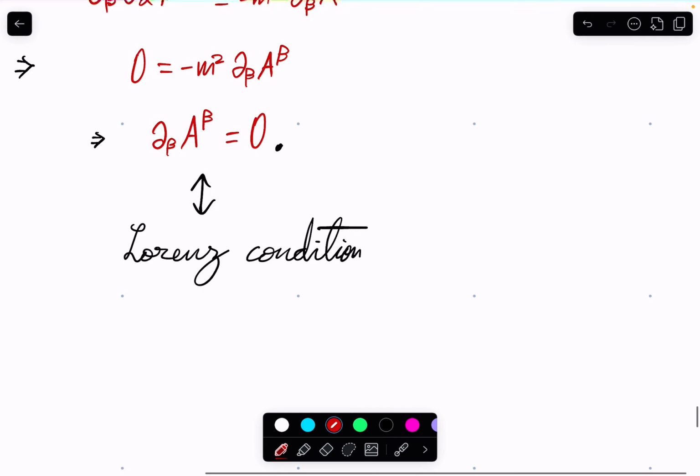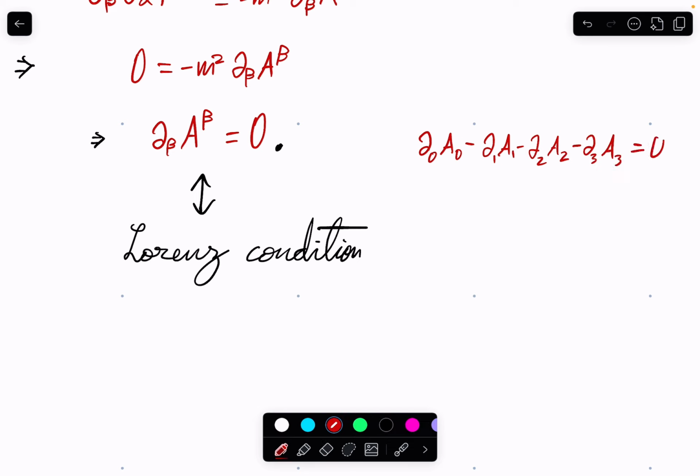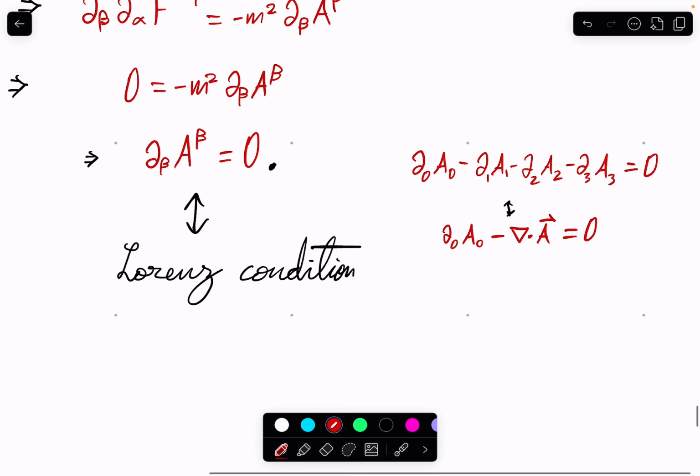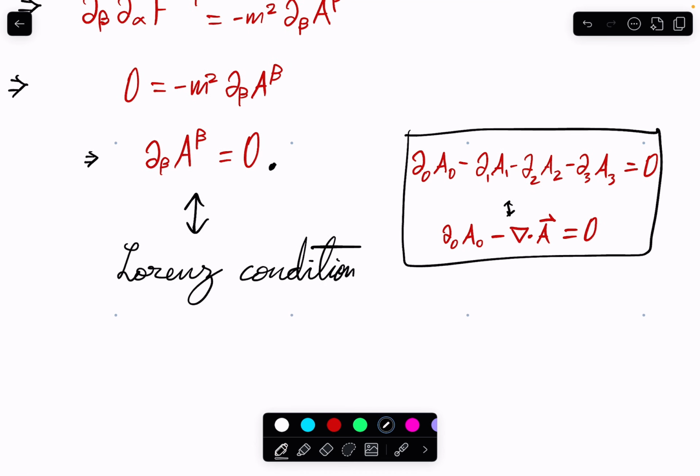And the Lorenz condition basically is just a statement that the time-like component minus all the space-like components, partial 3, A3, all of this is equal to 0, which, if we put it in traditional vector notation, is the Lorenz condition.